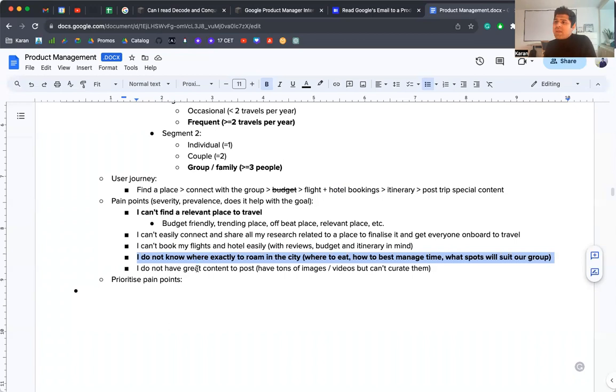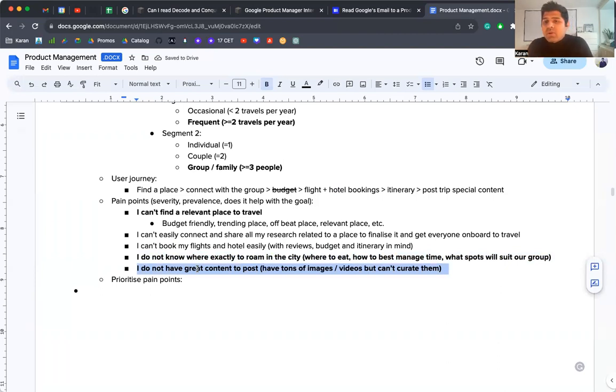And the final one is, I do not have great content to post. I think this is also a very interesting problem. I think from Facebook's perspective, since we want to increase engagement, this comes in handy because during travel, there's a lot of pictures and videos that are clicked by users. And we want our users to engage on the platform with their content, which essentially means that we should help them with kickstarting their journey as a creator, with some solutions.